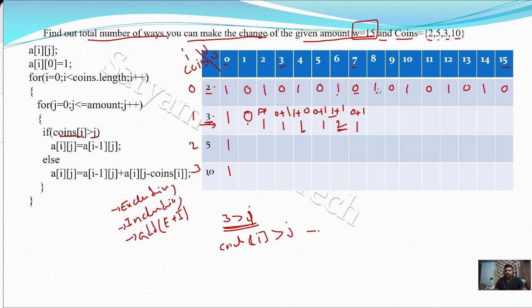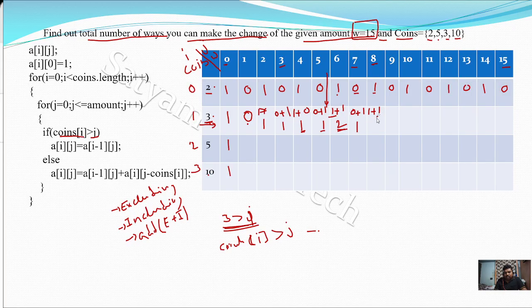Now you can see here it is 8. So you cannot include 3, you can only use the 2 rupee coin. How many ways to make 8? Only one way, plus here 8 minus 3, that is 5. You can see the fifth column value is 1.